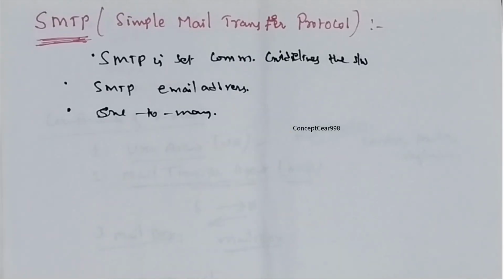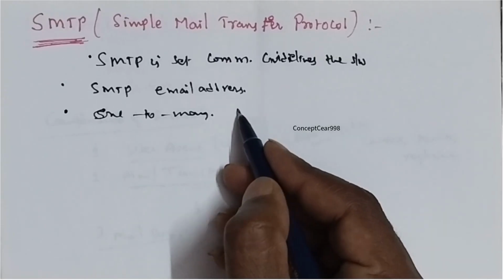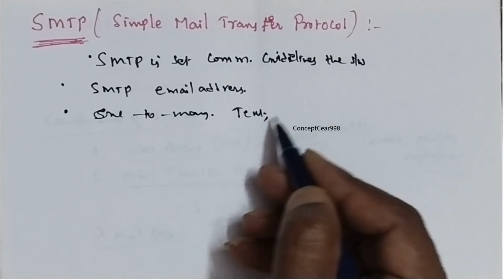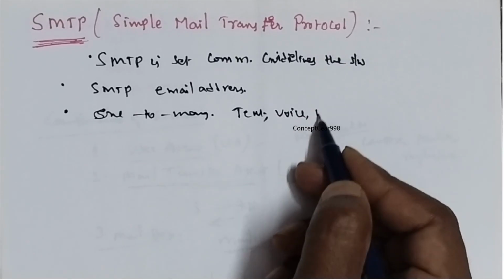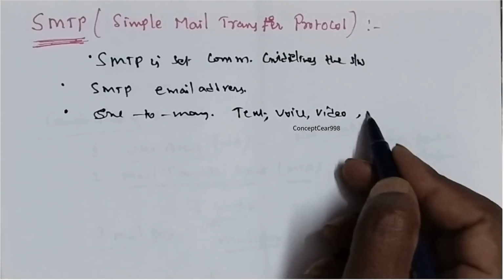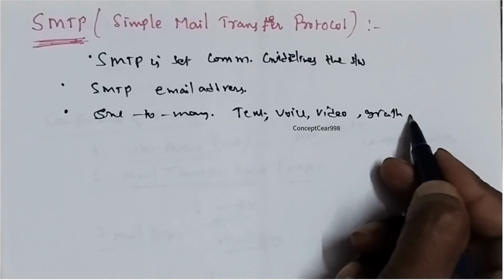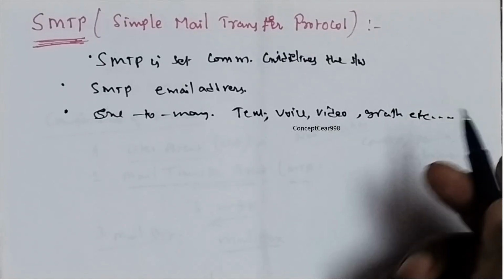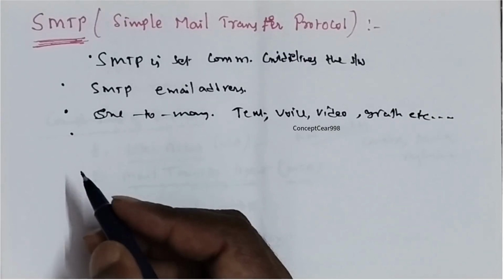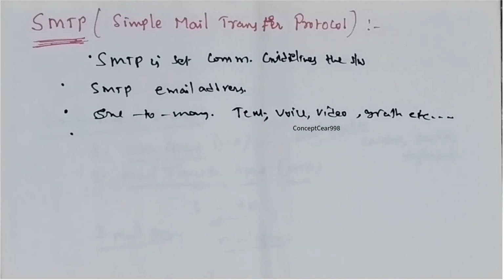A message can include text, voice, video, graphics, or any other type of message. It can also send messages on networks outside the internet, from one network to another network.